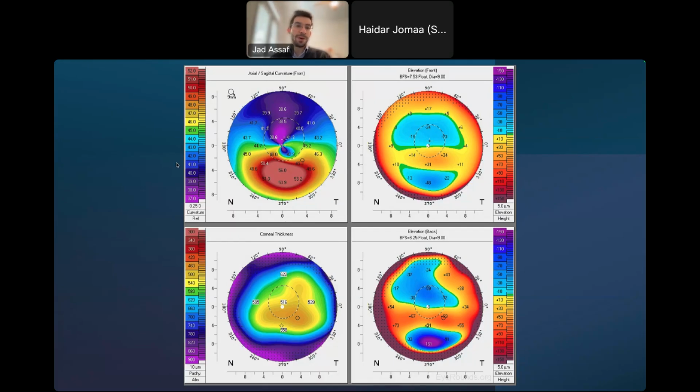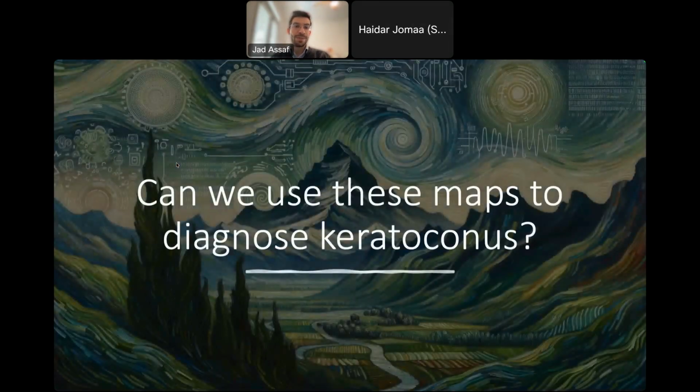One main part of my research focus with Haidar is that we are focusing our efforts on these topographic maps to try and diagnose keratoconus. Keratoconus is a bulging of the cornea, and it's very prevalent in the Middle East as well as the Mediterranean area.